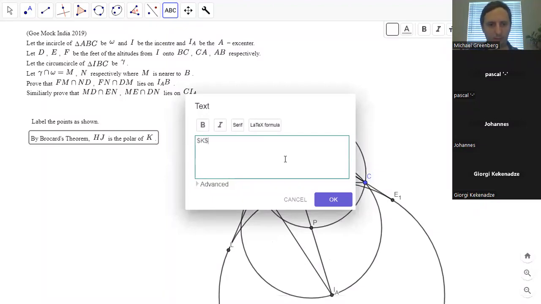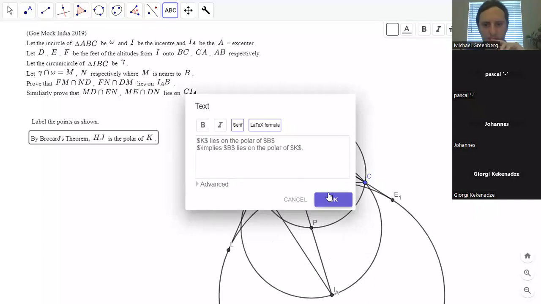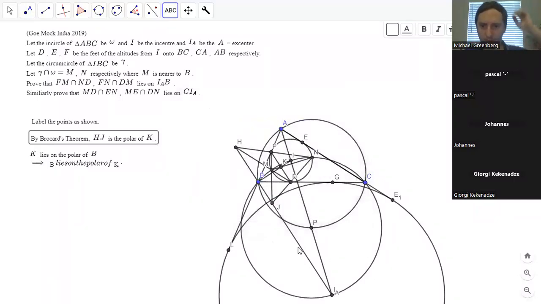So K lies on the polar of B, which implies B lies on the polar of K. And then angle IAMI is 90.